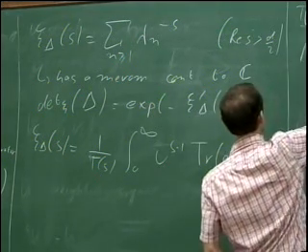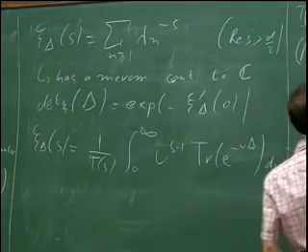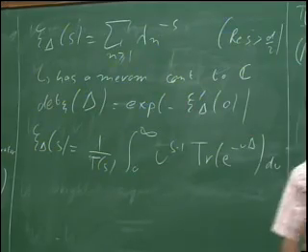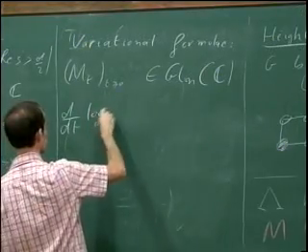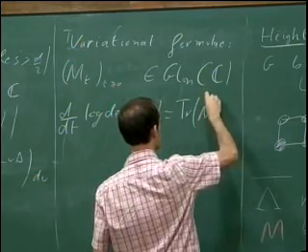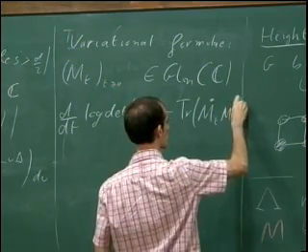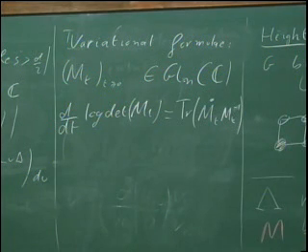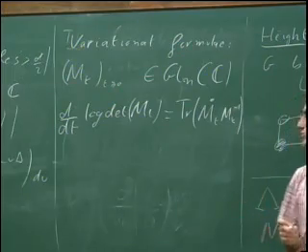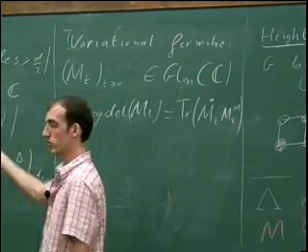If you have a smooth one-parameter family of matrices, you can easily compute the variation of the log determinant: it's going to be the trace of the derivative of your matrix times the inverse. Now we'd like to have something similar for Laplacian type operators.